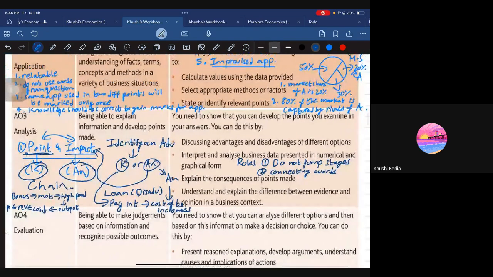Okay, let's suppose I give you one situation. If you were writing your long answer, let's suppose the E part, which is of 6 marks, which says that 2 marks are for knowledge, 2 marks are for analysis, 2 marks are for evaluation.